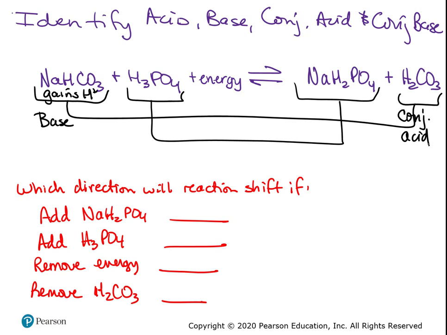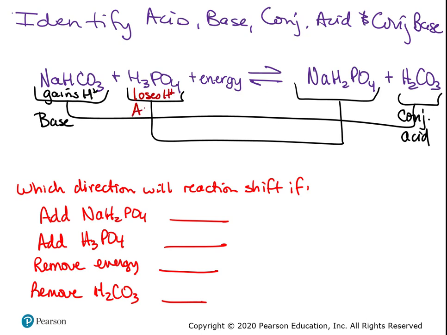So now if you look at H3PO4 and look at its partner on the opposite side, do you see that it goes from H3PO4 to NaH2PO4? So what happens to it? It goes from 3 hydrogens to just 2 hydrogens, so it loses hydrogen.